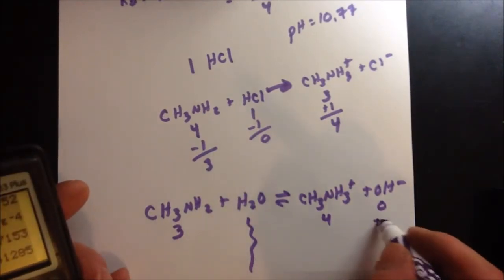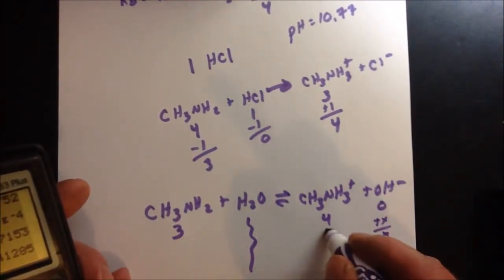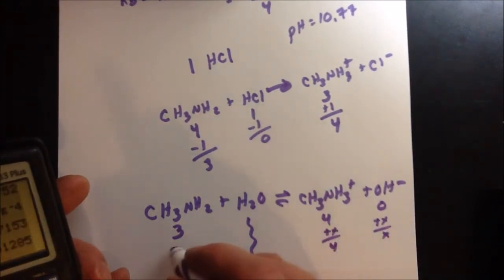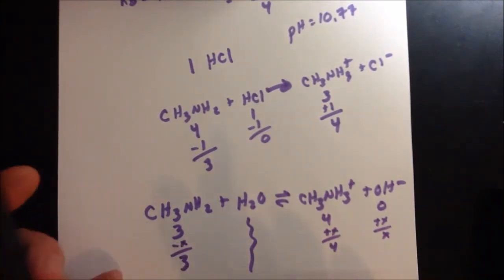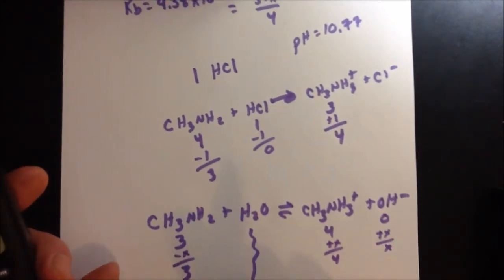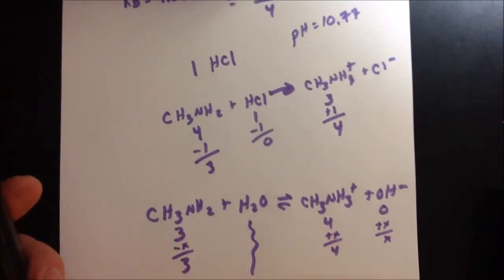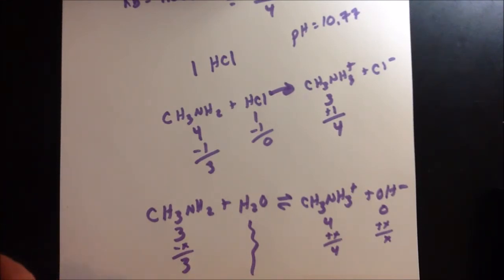So we go up by x to be x, up by x to be 4, down by x to be 3. And now I'm ready to set those equal in my expression and solve. So 4.38 times 10 to the negative 4th equals, and on the bottom of that expression, we're going to have times 3. So multiply both sides by 3, and then divide by 4.